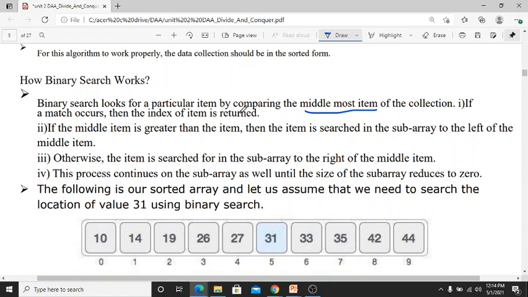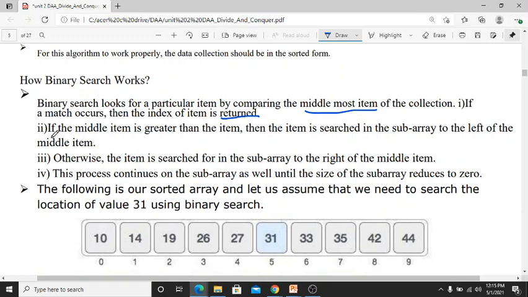Whatever you want to search, if the middle element is the same element you are searching for, then it will return the value.